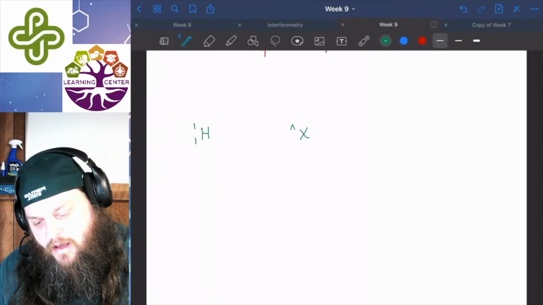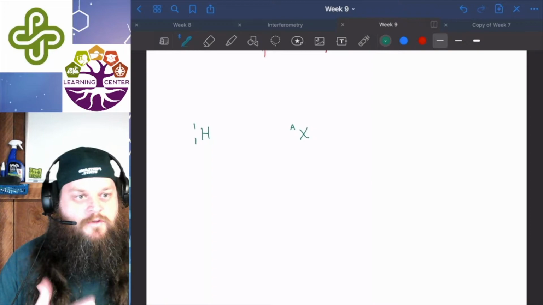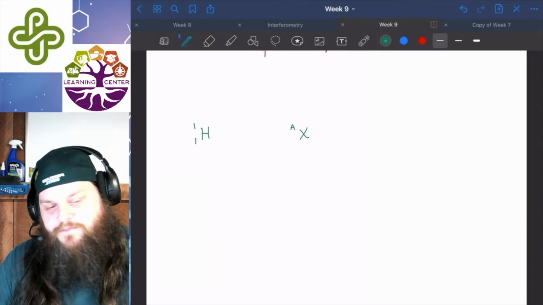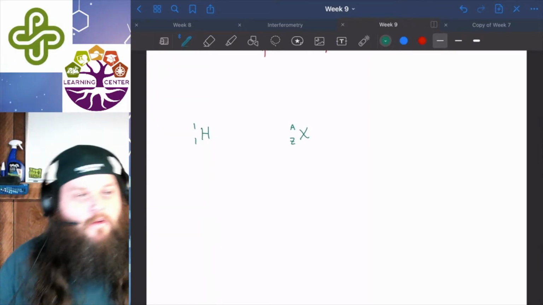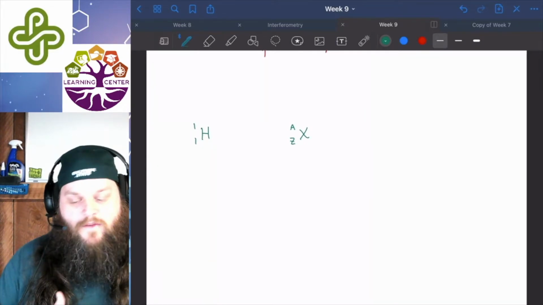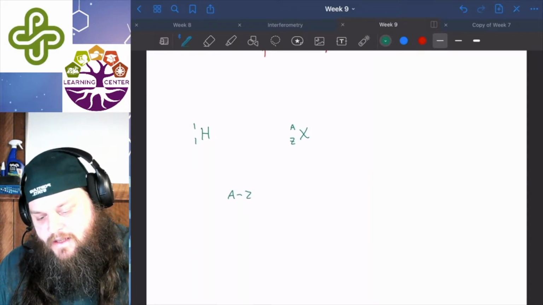We have a higher number on the left-hand side. That tells you the total combined number of neutrons and protons, while the number on the bottom, we denote as Z, is the total number of protons alone. So if you ever wanted to find out how many neutrons, it's just A minus Z would equal the number of neutrons.